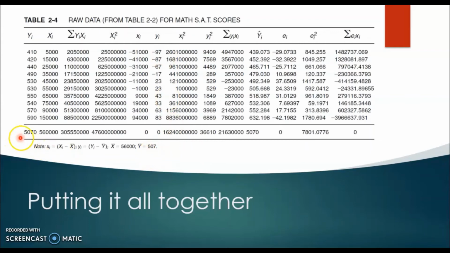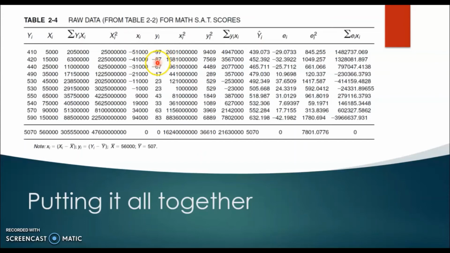Well, all that we have to do is to divide the sum of y by the number of observations, which is 10. So 5070 over 10 is equal to 507 here. So 410 minus 507 is equal to negative 97.